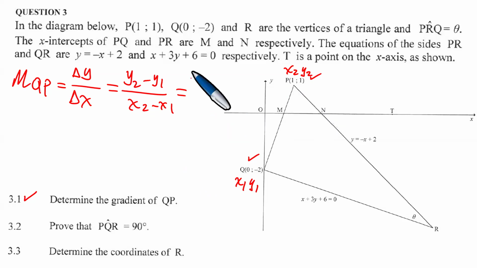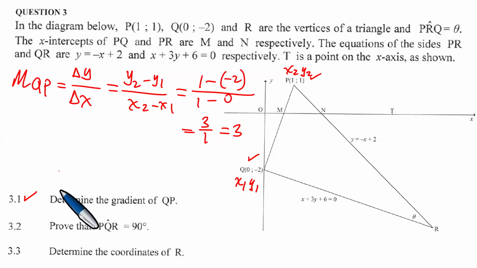What is y2? y2 is 1 and y1 is -2, divided by x2, which is 1, minus x1, which is 0. So 1 plus 2, this is like a plus. Negative by negative is a positive, so 1 plus 2 gives us 3 over 1, and the result is 3. The gradient of QP equals exactly 3.